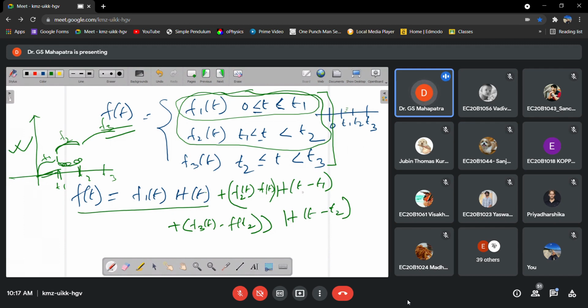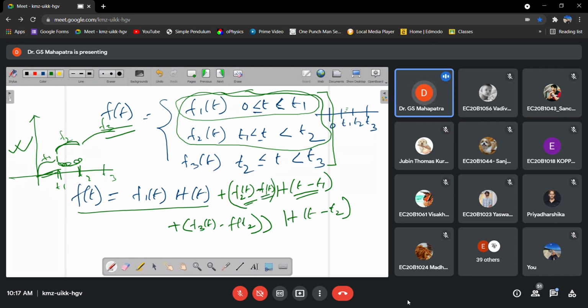But if you consider the Heaviside function from 0 to T1, for this case only up to T1 it will work, correct. And in the next case, only F2 should be there, not F1.